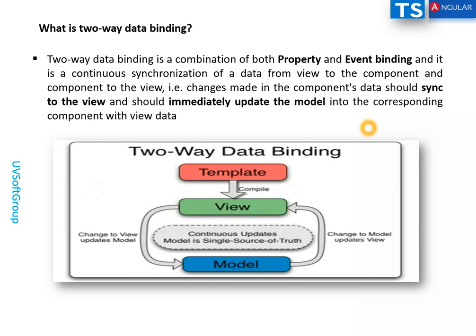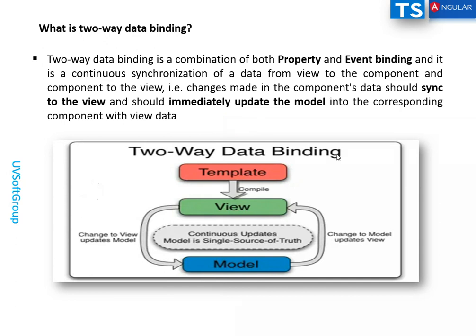I will already show you how event binding works and how property binding works. It is a continuous synchronization of data from the view to the component, and from the component to the view. That means from the model to the view, and the view to the model. Changes made to the component's data are synced to the view, and changes in the view should immediately update the model in the corresponding component.